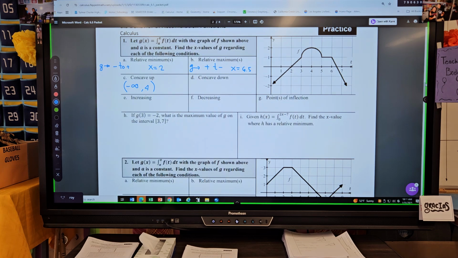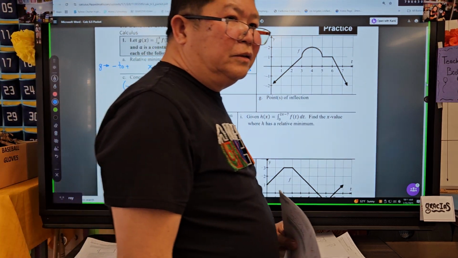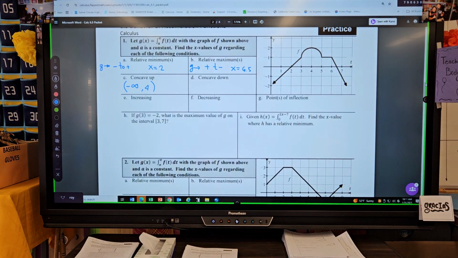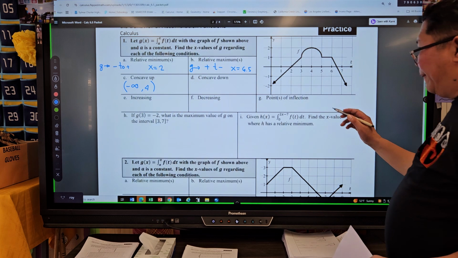Next, concave down. What is concavity down? f double prime is less than 0. So what do you think? The first is from 4 to 5, right? The interval 4 to 5.